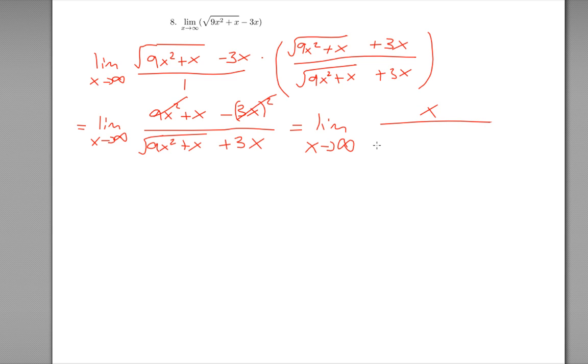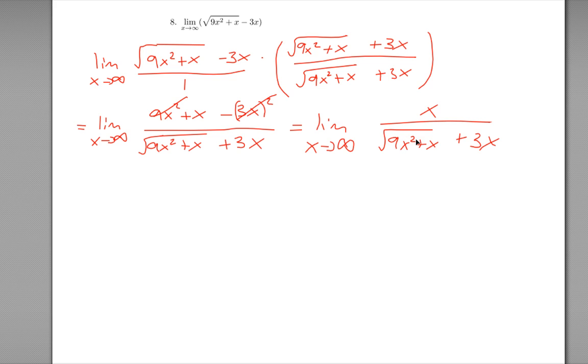So now we have still on the bottom this 9x squared. We have the square root of 9x squared plus x plus 3x. And now that we have a top and the bottom, we can actually go ahead and use our largest power of x trick. So what is the largest power of x here? Well, it kind of looks like there's an x squared here.